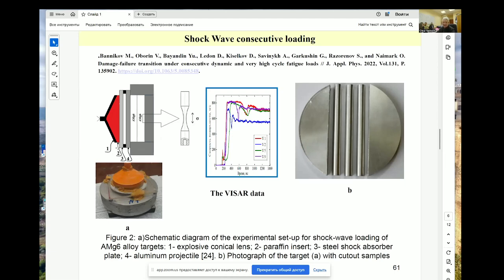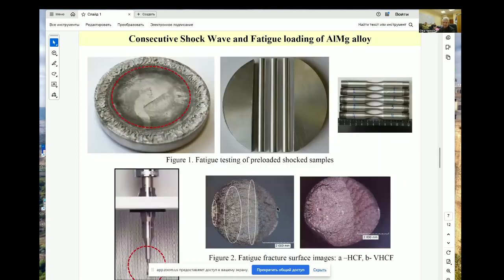Then the first target was used for the preparation of standard samples that can be used for fatigue tests. It's very important that in the target a plate impact test was realized. It means that the whole volume of this sample was in the same conditions of loading.